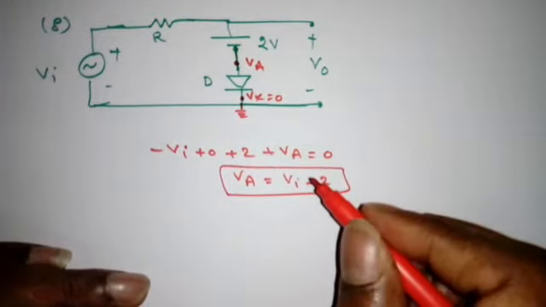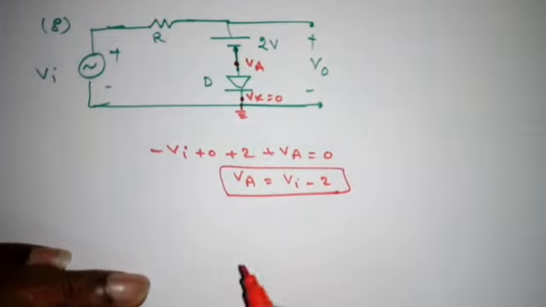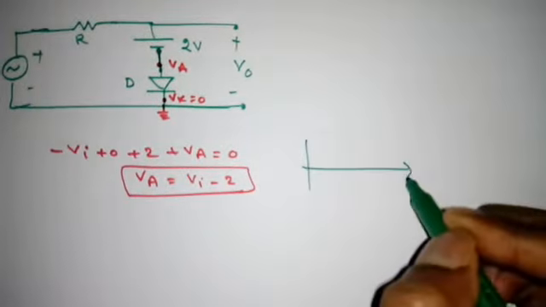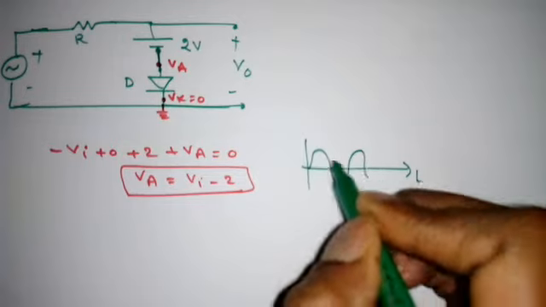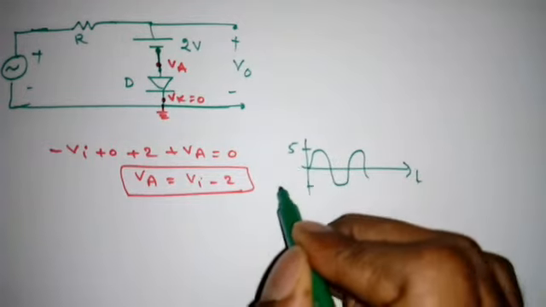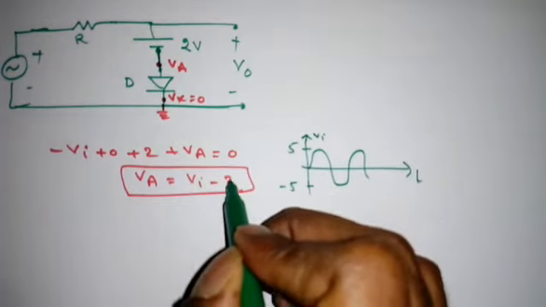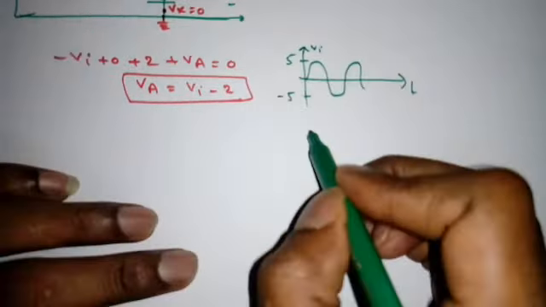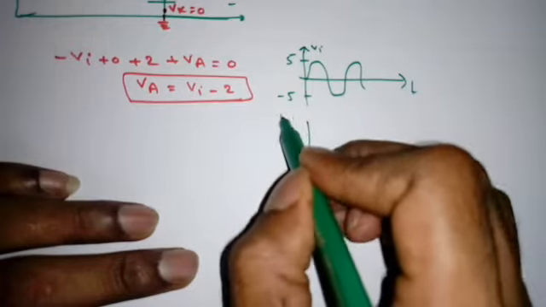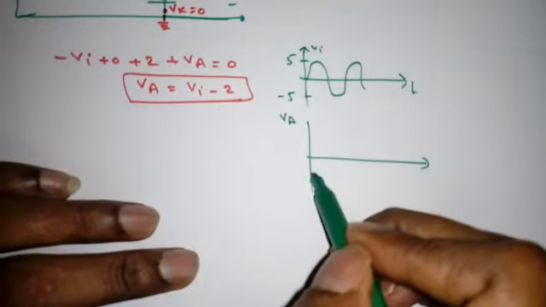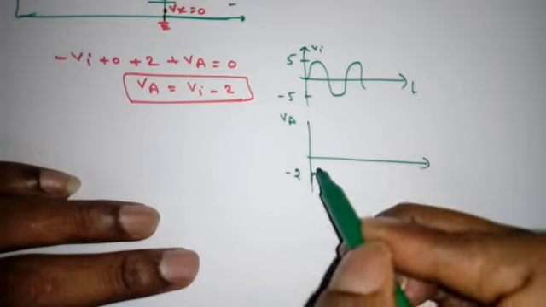That means a DC voltage is added to Vi. Suppose Vi is like this, 5 volts to minus 5 volts. When I add this minus 2, the Va will start from minus 2.